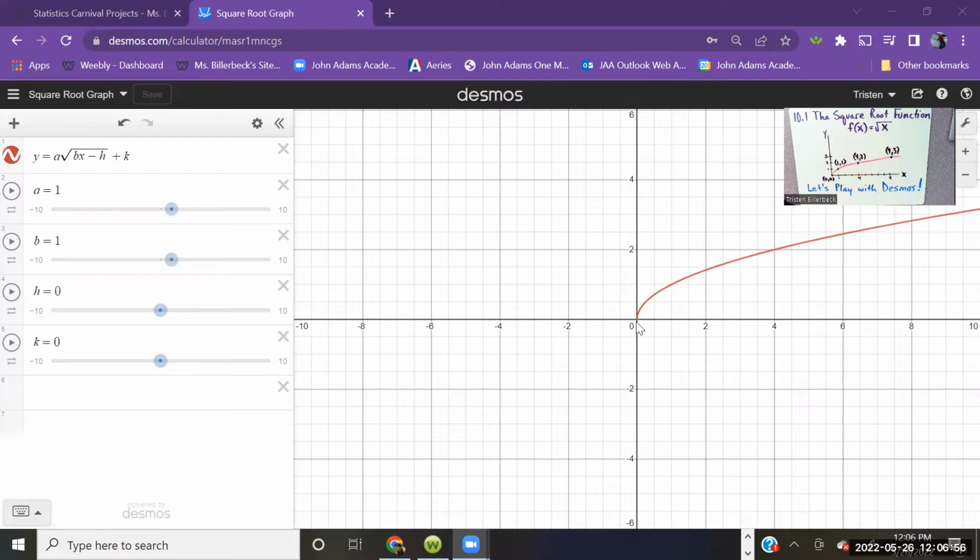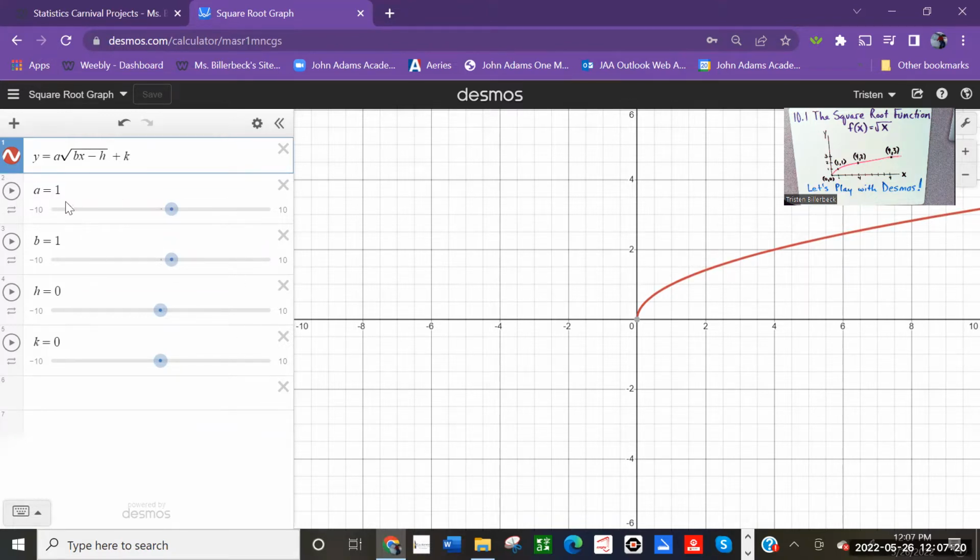So we start at (0, 0) and then at (1, 1), that's (1, 1) right there. And then at (4, 2) we have another major point right there. And then we would have the same thing at 9 right here. So this would be (9, 3), but it's hiding underneath the picture.